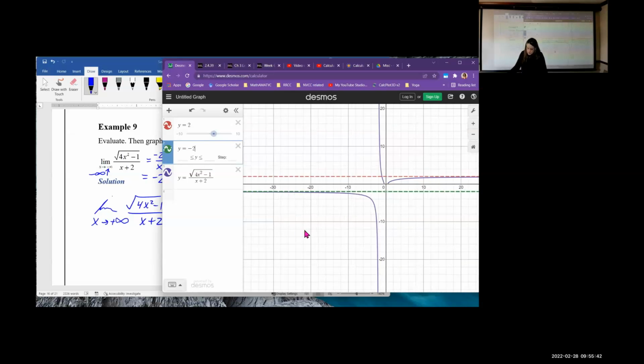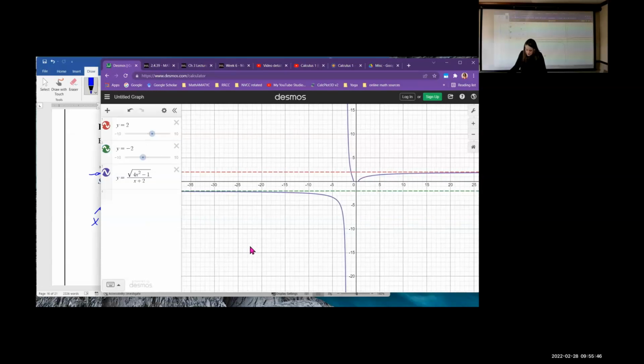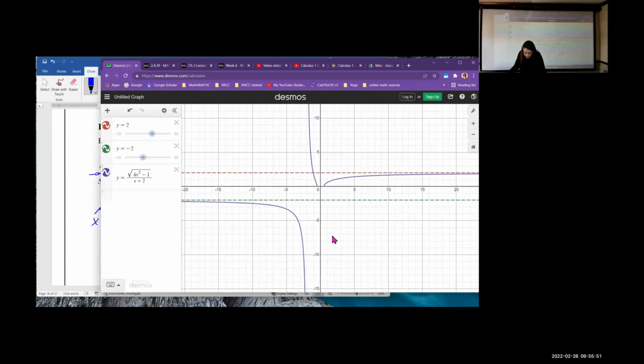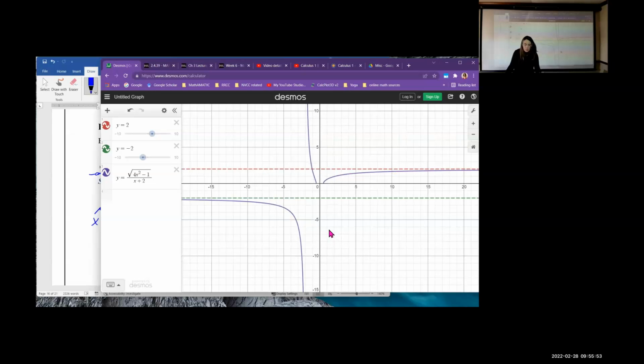Right? So this one is also kind of an interesting graph. I really like this one. Notice that it's got this weird behavior. Let's analyze, because part of what we're heading into is a chapter in the textbook where we analyze graphs. A lot of chapter 4 is analyzing graphs.